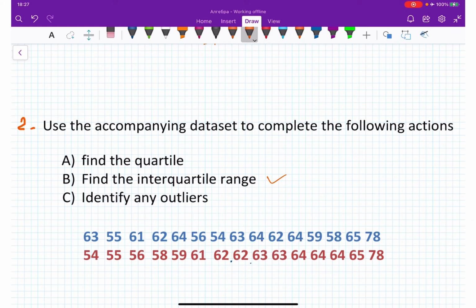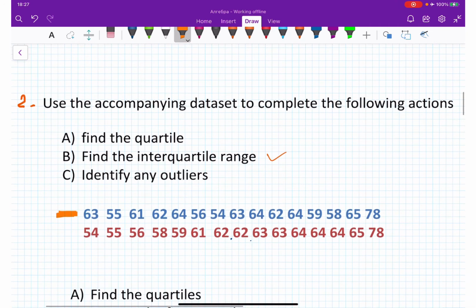So this is what is given. I sorted it in Excel and threw it here, so I don't have to spend time sorting it out, because to find any quartile, you have to have data in ascending order, remember?